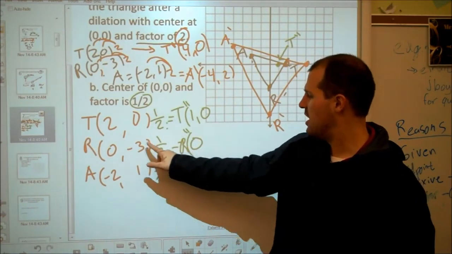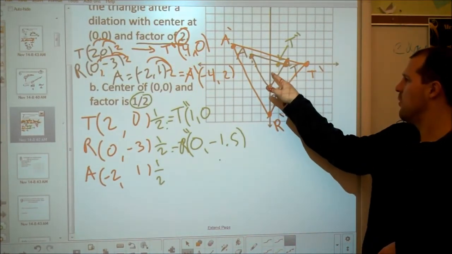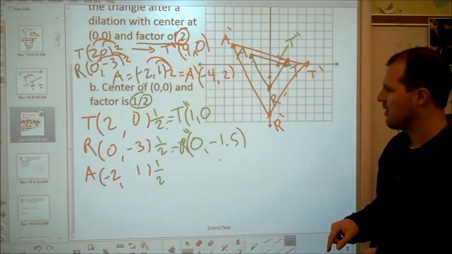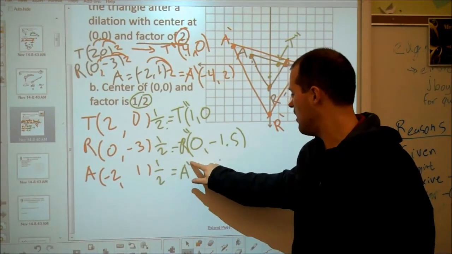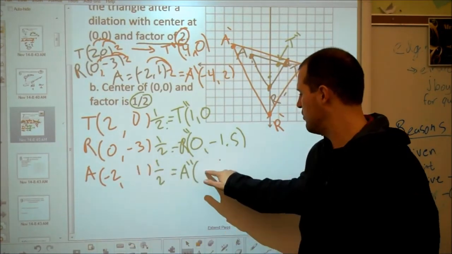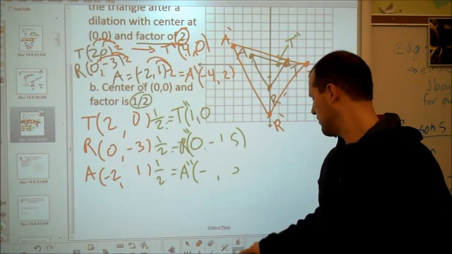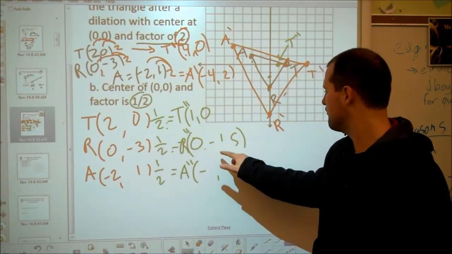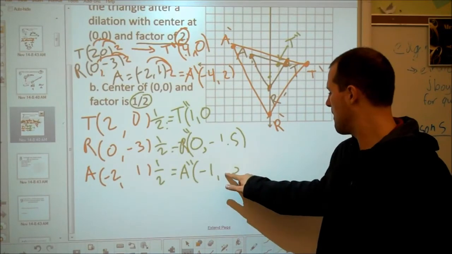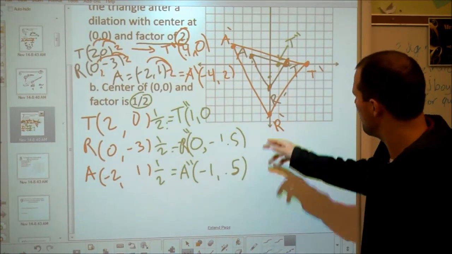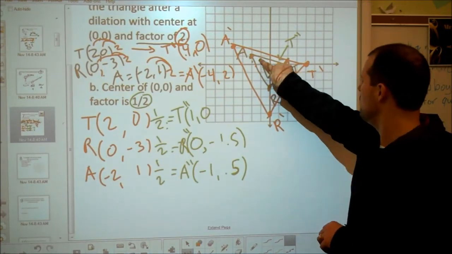So I get 0, and then 1/2 of -3 is -1.5. So on our graph, we're just going to go down 1 and 1/2. That's R double prime. And then down here, multiplying by 1/2, I get A double prime. 1/2 of -2 is -1. 1/2 of 1 is 0.5. Okay, let's graph that. Left 1, up 1/2, and there's my new little shape in there.